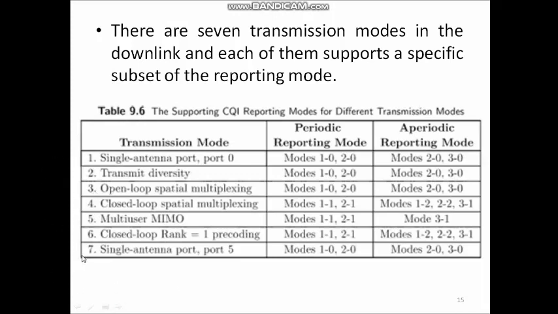Different transmission modes are like single antenna port, port 0, then transmit diversity, open loop spatial multiplexing, etc. Here each transmission mode supports specific CQI reporting modes. The transmission modes and supported reporting modes are listed in the table given here. Go through it. Next, we will discuss the details about different CQI feedback modes.